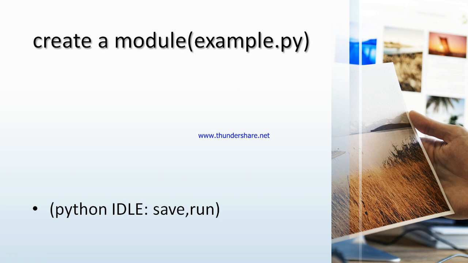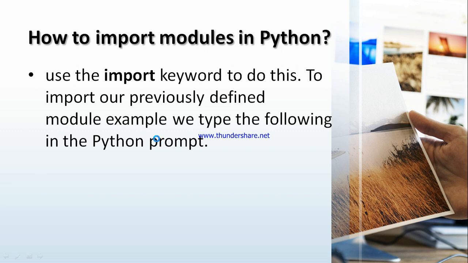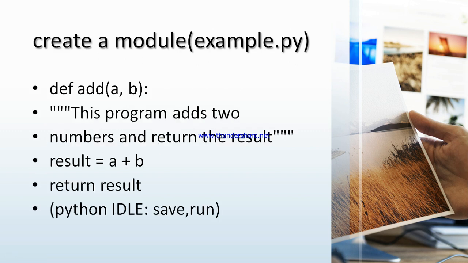For example, as I told you, I'm executing everything in the Python IDE 3.8. I'm going to create a model called example.py where I'm writing the addition function, that is the definition def add(a, b) for numbers. The result is a plus b. I'm writing the Python script here: return result. That means I can save the program as example.py.